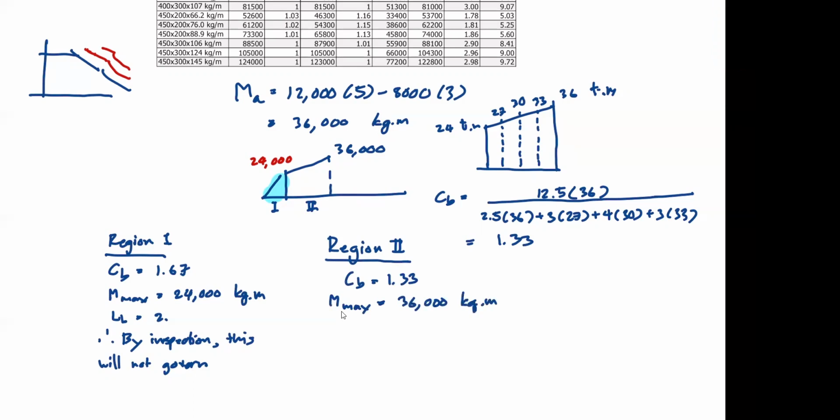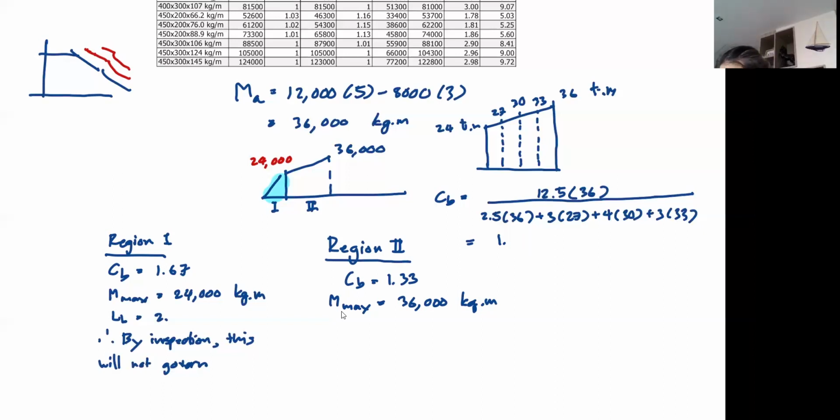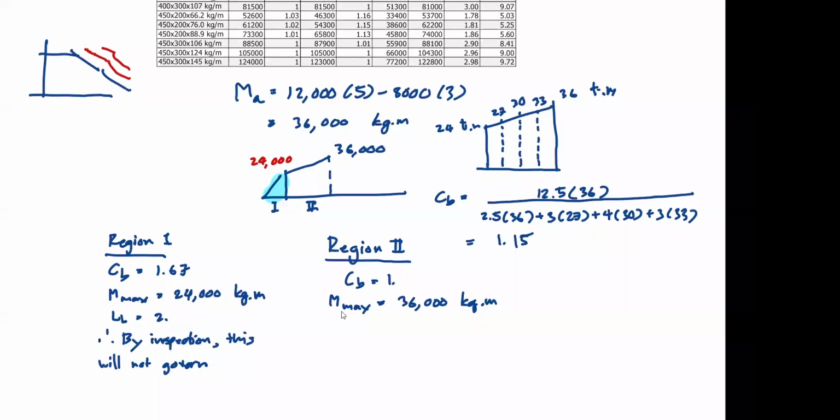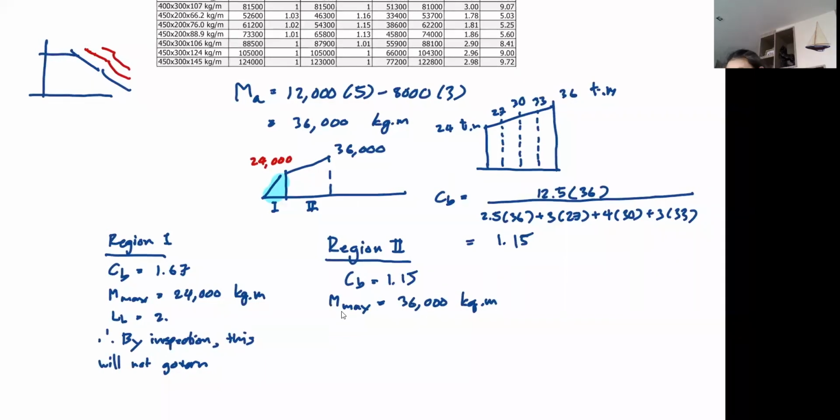Sorry. Sorry. The value should be 1.15. Yeah. So it's close to a uniform load. Is it? Yes. Can anybody double check? Anyway, let's believe that. Okay. Unbraced length is 3 meters.